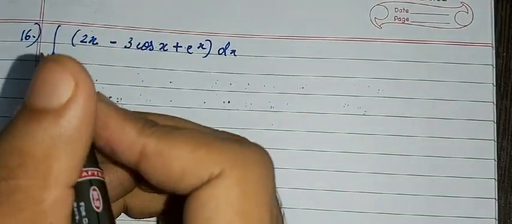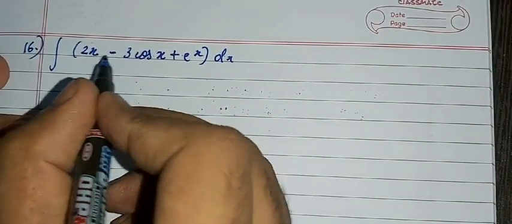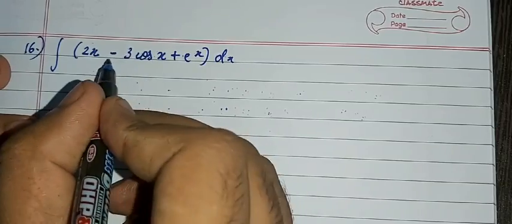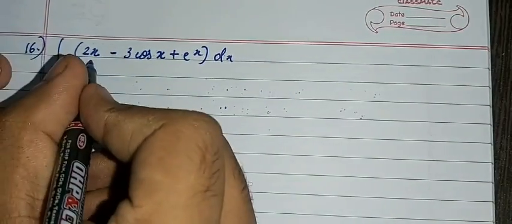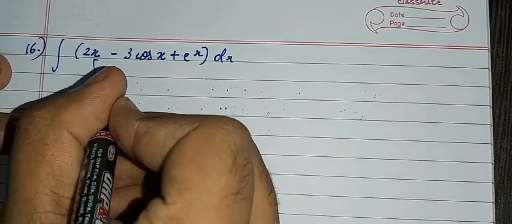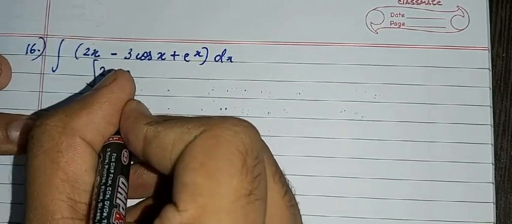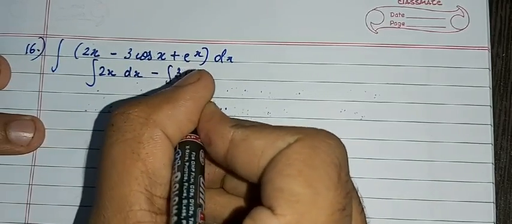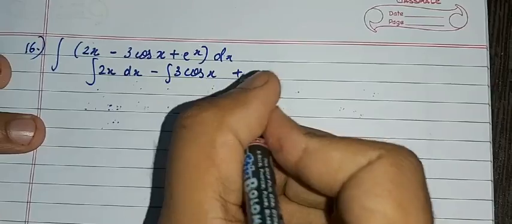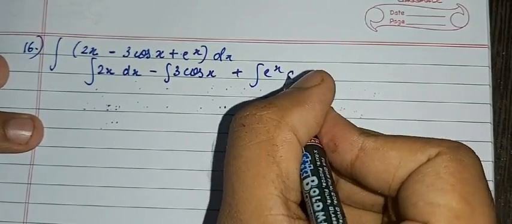Question number 16. In this question it can be seen that there is plus and minus in between the terms, so we can easily split this. So we can write it as, I am splitting this, integral of 2x dx minus integral of 3 cos x plus integral of e raised to x dx.